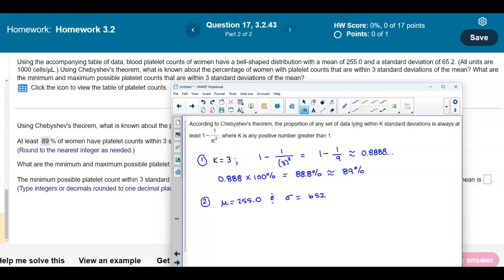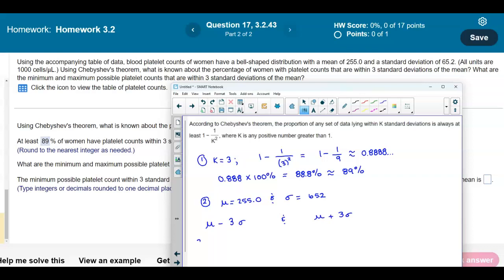Okay, so if we want to find out standard deviations below, it's going to be the mean minus 3 times the standard deviation, and the mean plus 3 times the standard deviation.